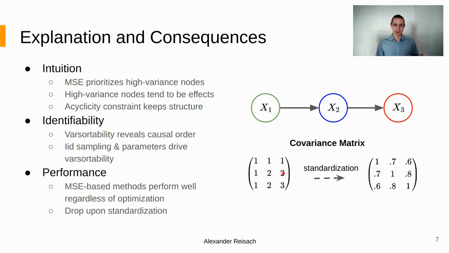Interestingly, upon standardization, we can still see that pattern. So that means the additive noise assumption may be a bit stronger than was previously thought, because the patterns that are being left are in fact quite remarkable and may allow us, even in the standardized case, at least to some degree, to still infer the causal graph by using a simple method that is not too different from sort and regress.